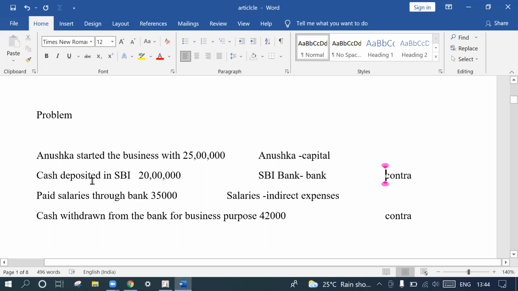See, cash deposited in bank account. So the entry is SBI account debit to cash account. SBI account debit to cash account. Because SBI bank is benefited, and cash has gone out from the firm, so it should be credited. So SBI account debit to cash account.